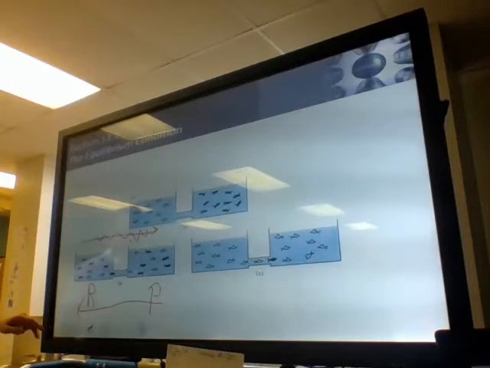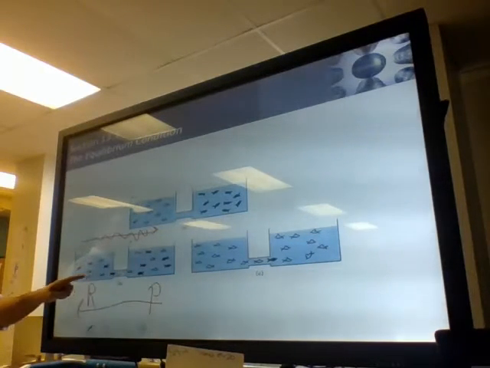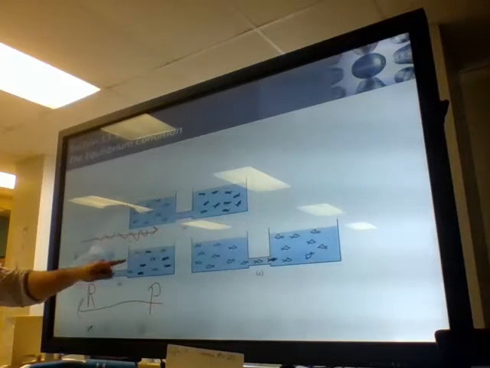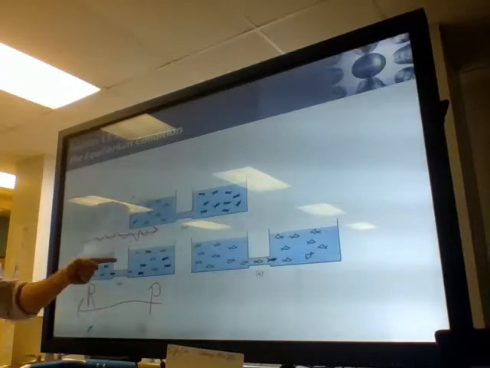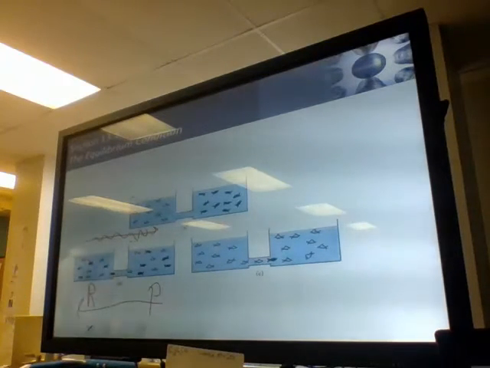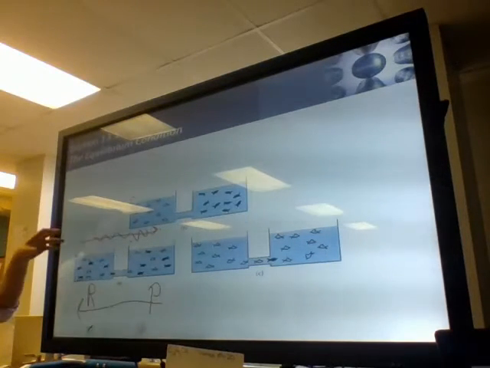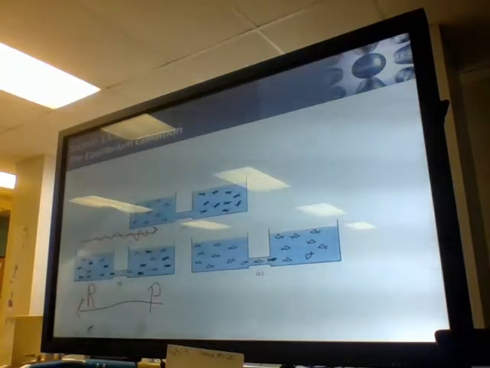So if I increased heat, would this change? Maybe the fish would swim faster. So in chemistry, the molecules move faster, but this equilibrium will be the same, right? If I increased the same amount of concentration on both sides, the equilibrium would be the same.